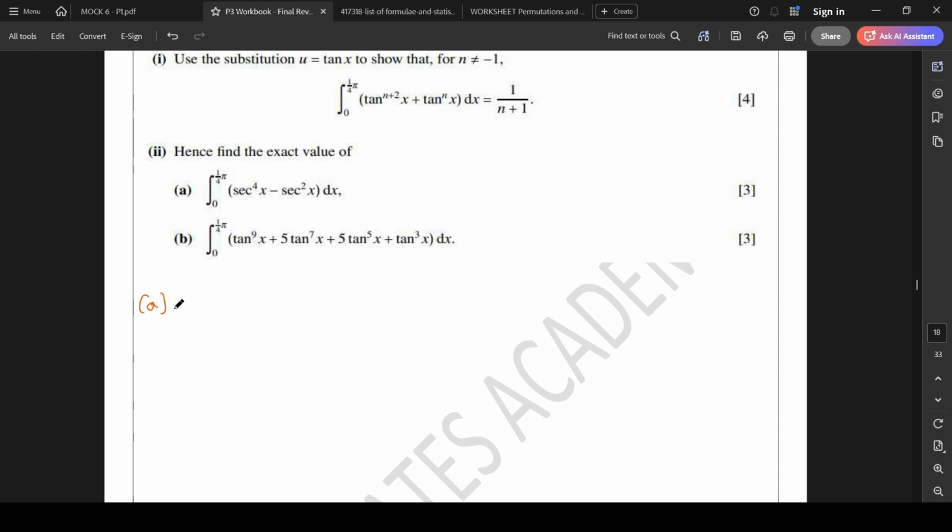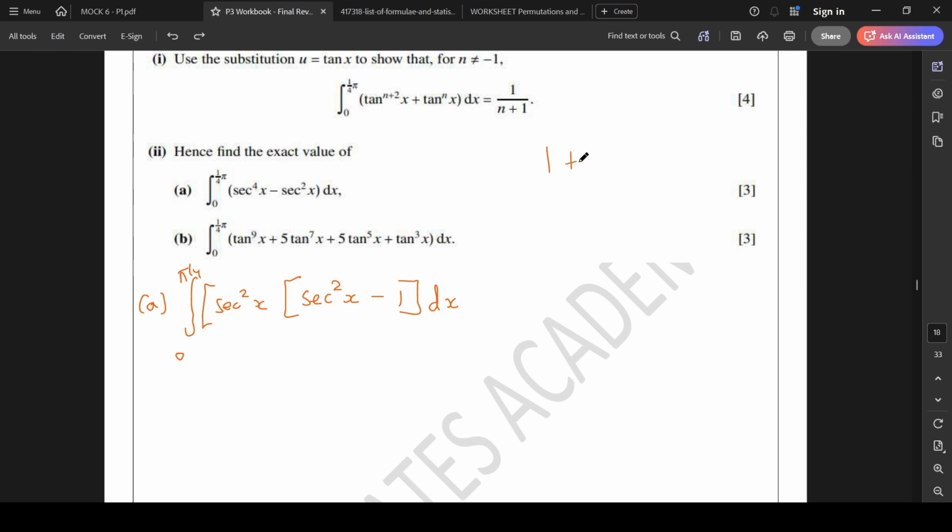So in part A, we are having integration from 0 to pi by 4 of sec to the power of 4 x and sec square x. I can take sec square x as a common, so that it becomes sec square x times sec square x minus 1 dx. If you multiply this, you get sec to the power of 4 x. If you multiply this, you get sec square x.